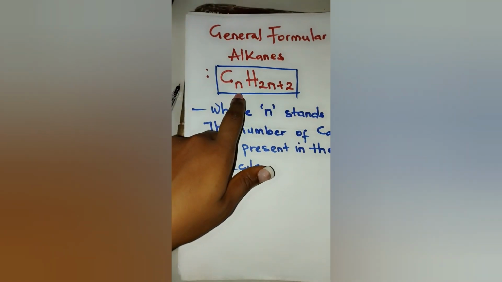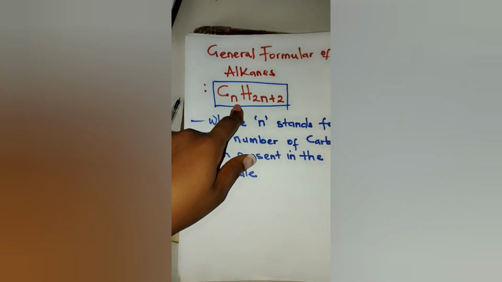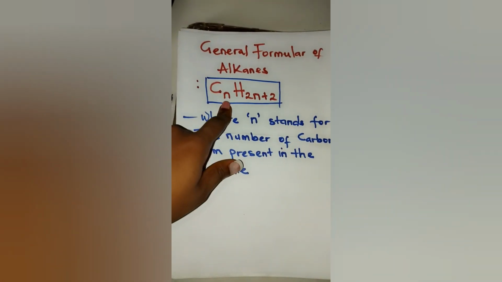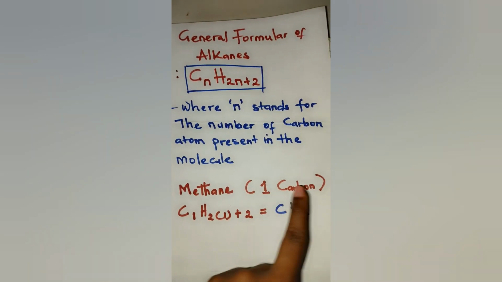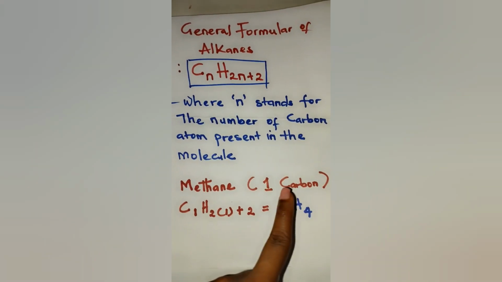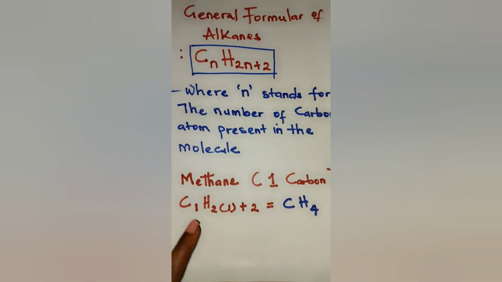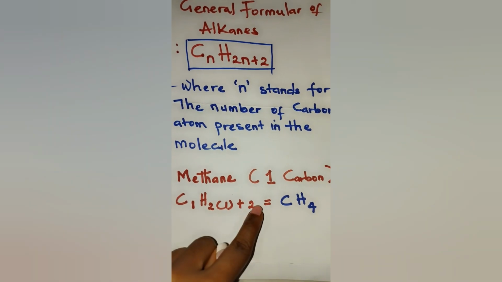So using that serial number, let's find out the members of the homologous series of alkanes using the general formula. For methane that has 1 carbon, substituting the number 1 into n, we have C1H2(1)+2.